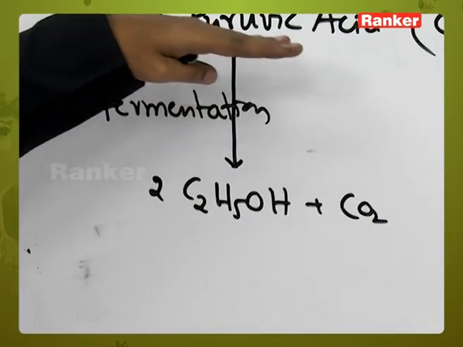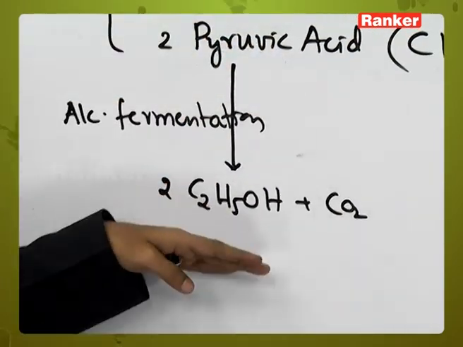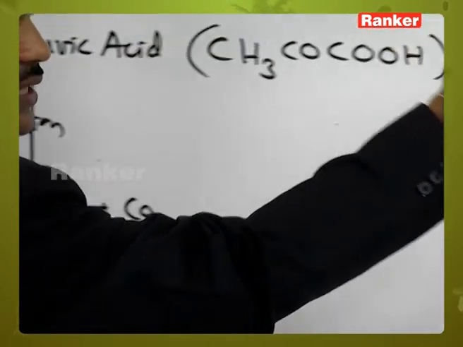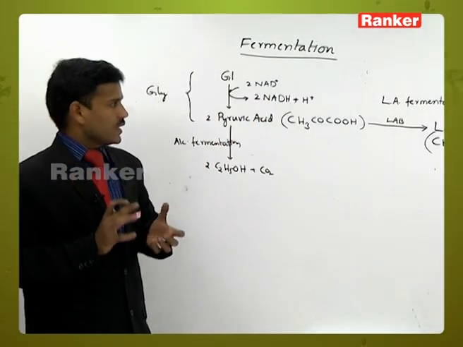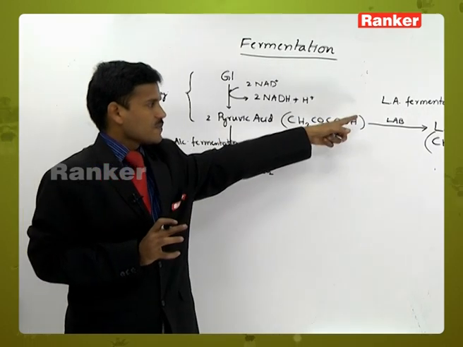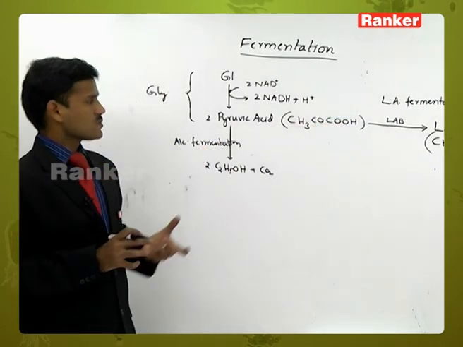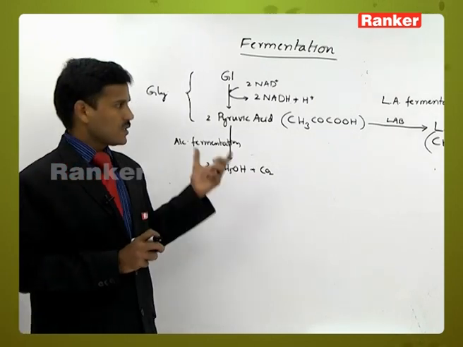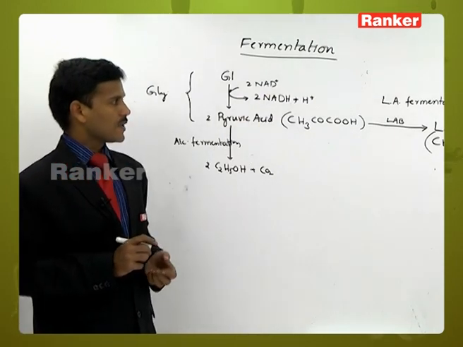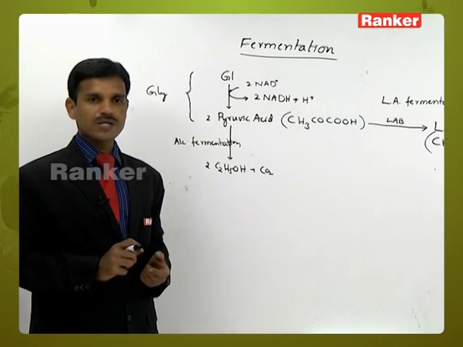But up to pyruvic acid it is common. Sometimes it is involved in alcoholic fermentation, sometimes in lactic acid fermentation, depending on the bacteria or fungal members. In different organisms, different types of fermentation take place, alcoholic or lactic acid fermentation. So that is about fermentation.